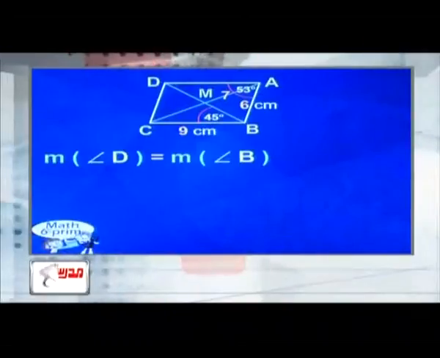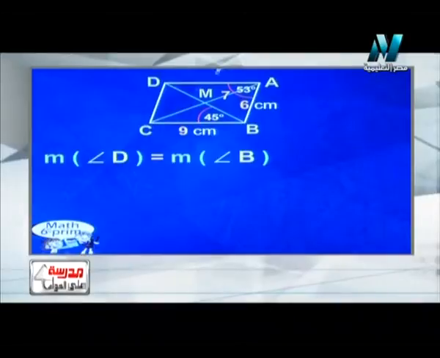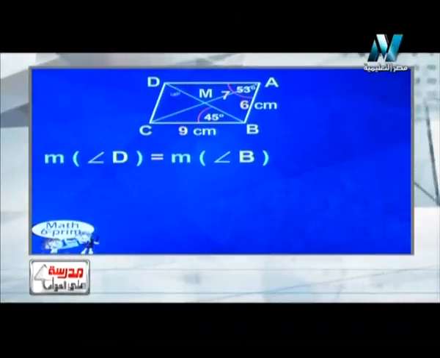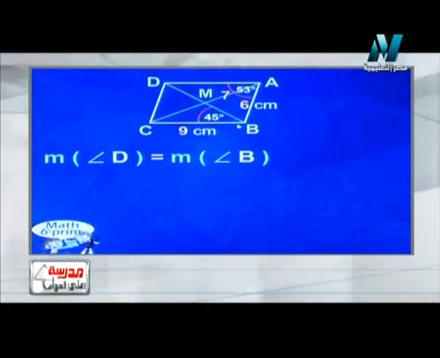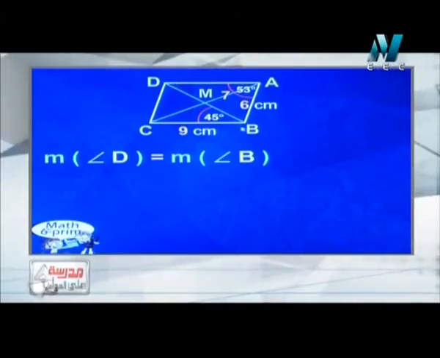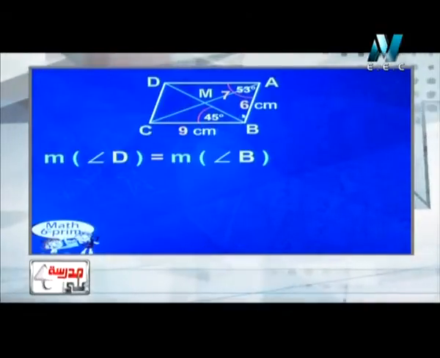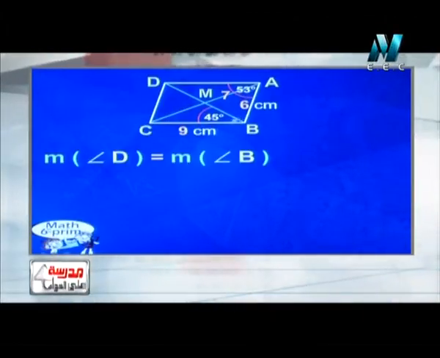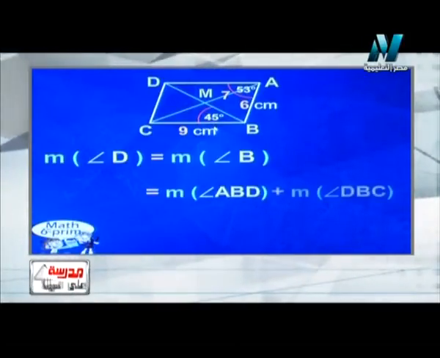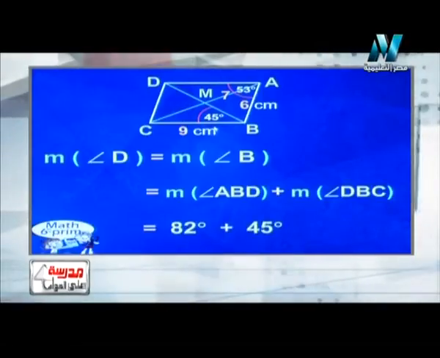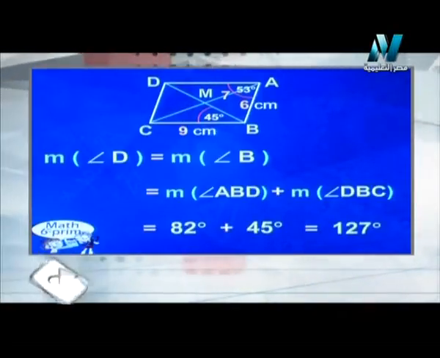Let's continue, my dear students. Measure of the angle D. What is the relation between the measure of the angle D and the measure of the angle B? Two opposite angles. Again, study the drawing. Yes, they are opposite: B is opposite to D. We got the measure of the angle B: 82 plus 45, the result will be 127.